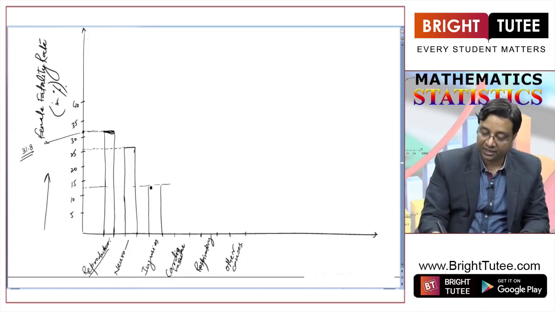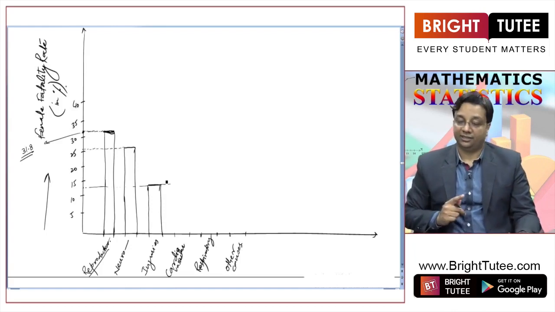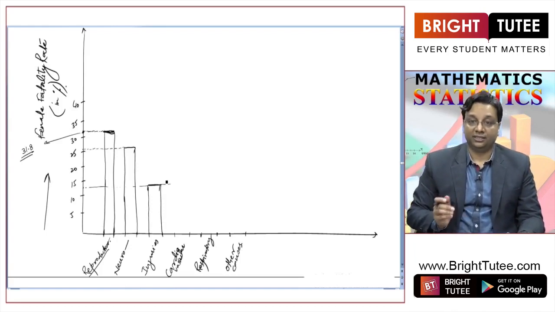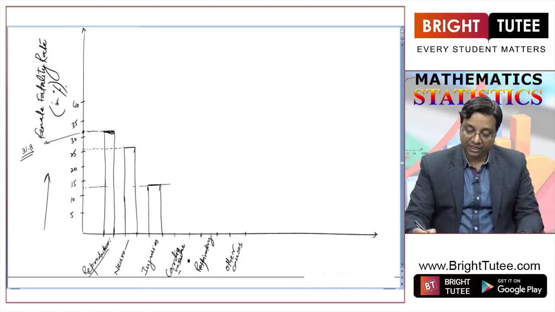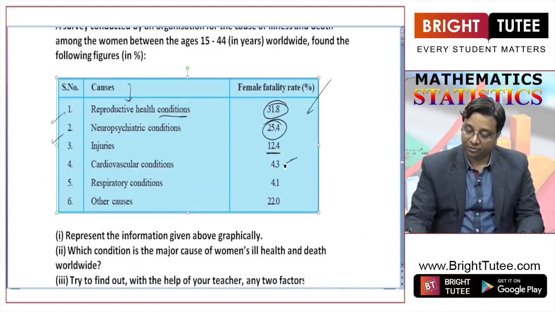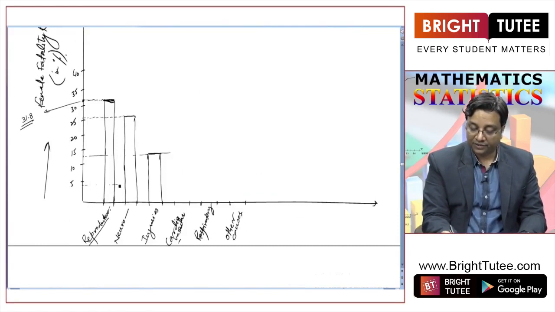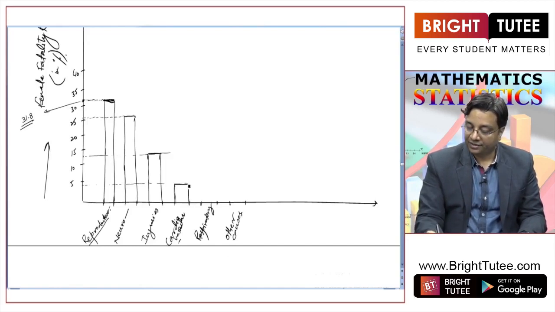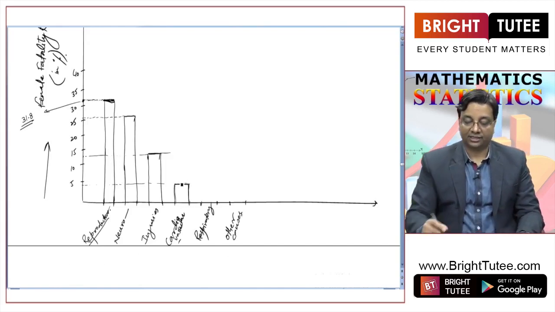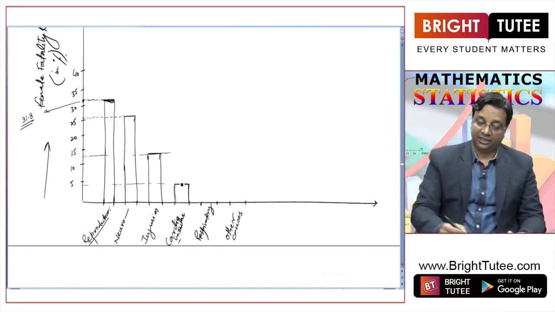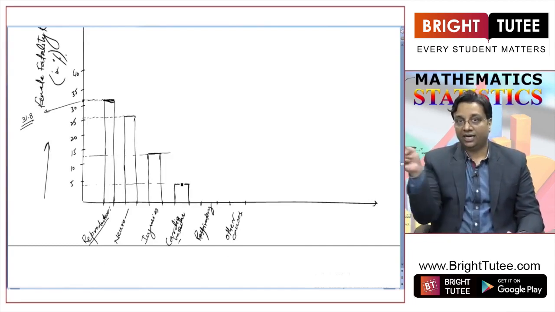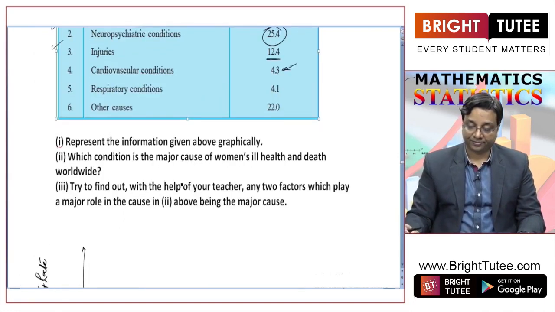Now this bar represents female fatality rate in percentages because of injuries, and because of cardiovascular, 4.3%. So it will be somewhere here. The graph that I am making using the solid lines is the bar graph, and these dotted lines I am using just to see the corresponding heights.